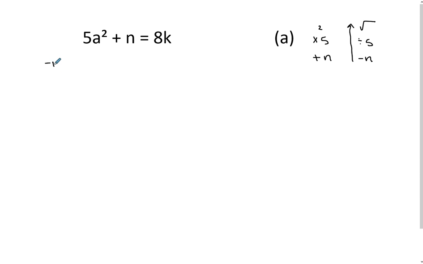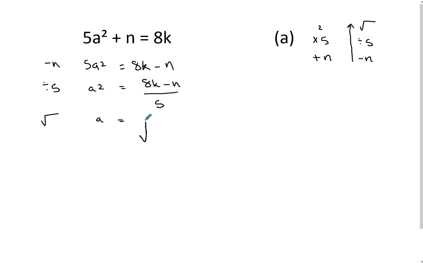We're going to minus n, so you've got 5a squared equals 8k minus n. We're going to divide by 5, so that 5 disappears. You've got a squared equals 8k minus n, divided by 5, and you're going to square root it all. So you've got a equals the square root, this mega square root, of 8k minus n divided by 5. Nice flowing answer.